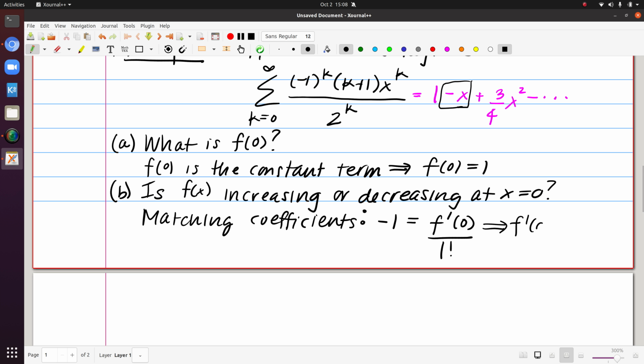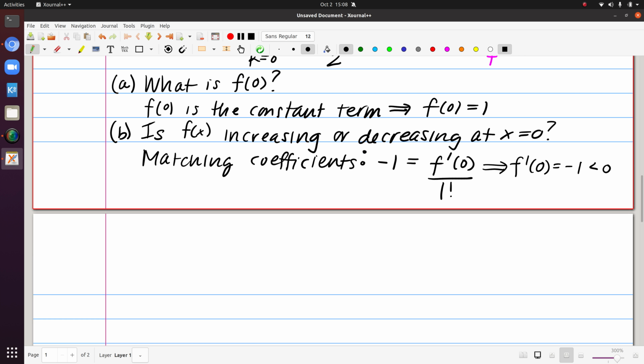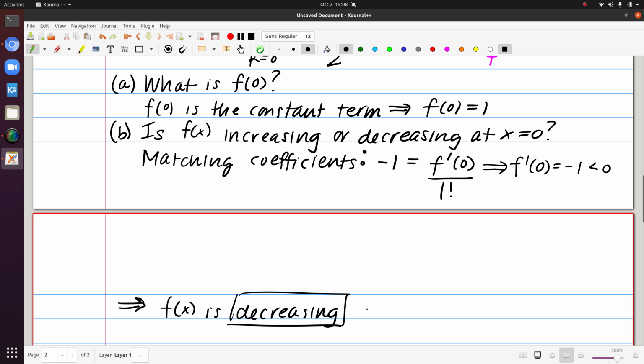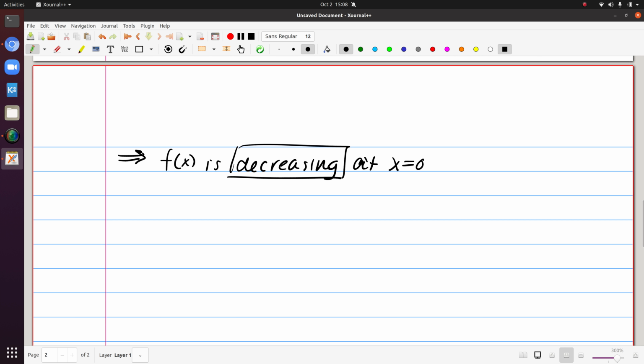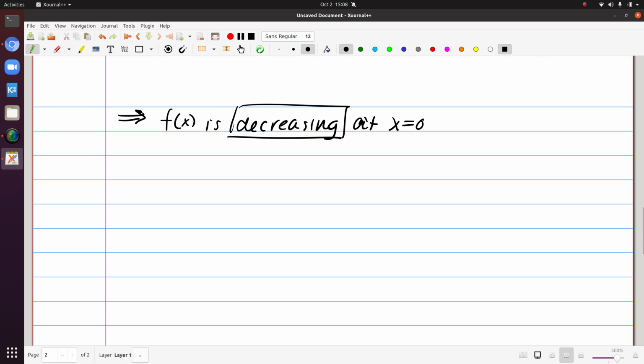So we're getting that f prime of 0 is -1. And of course, what we care about is that that's negative. So that tells me, without even knowing what the function is, that f of x is decreasing at x equals 0. Again, thinking about what we do know and what we don't know, I don't know what it's doing away from 0. I only have information about the derivatives at x equals 0.